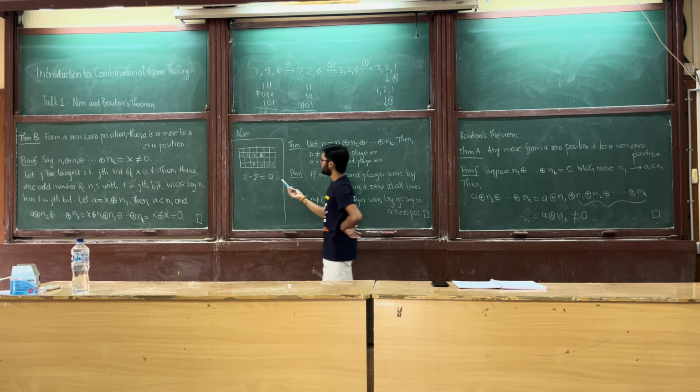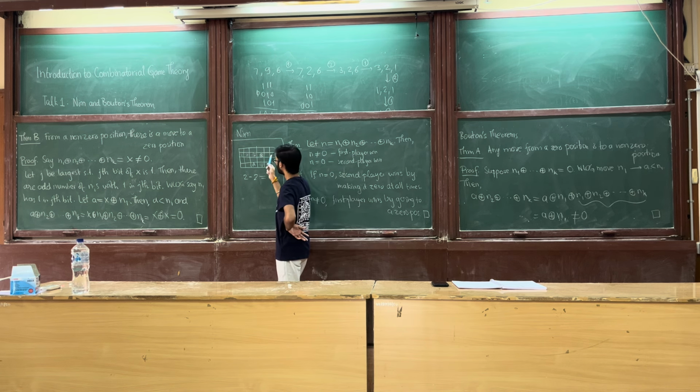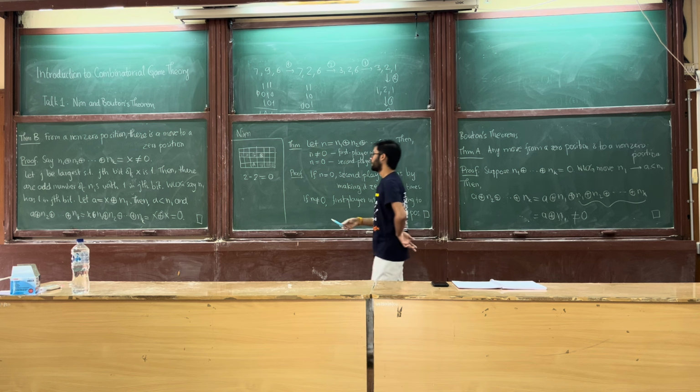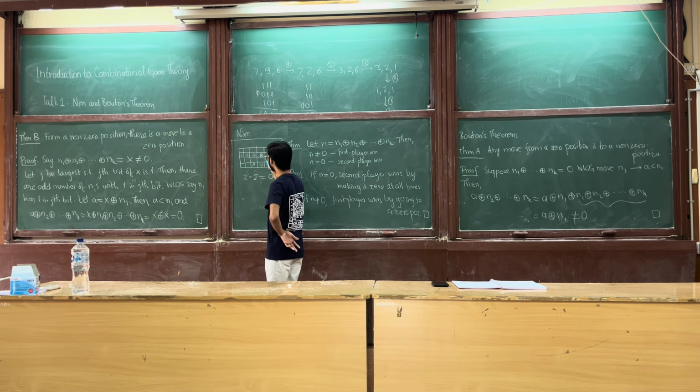Who wins in this case? It's very easy to see that since both of them have an equal number of moves, whoever starts first will run out of their moves first. So if A starts first, A will lose, and if B starts first, B will lose.